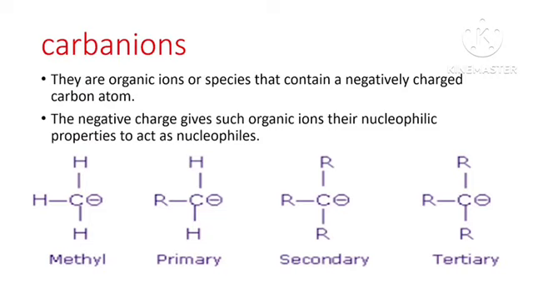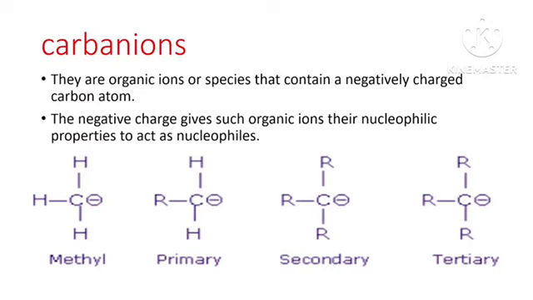And they have a negatively charged carbon atom in them. There can be 5 or 6 or several carbon atoms, but one of them will surely bear a negative charge. So if you see any organic compound or species that has such a property, then you can classify that species or that organic compound or ion as a carbanion.